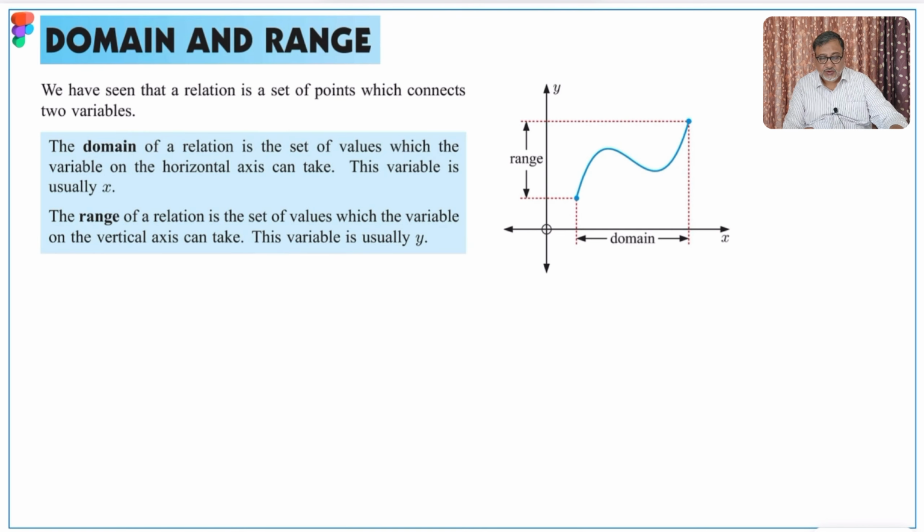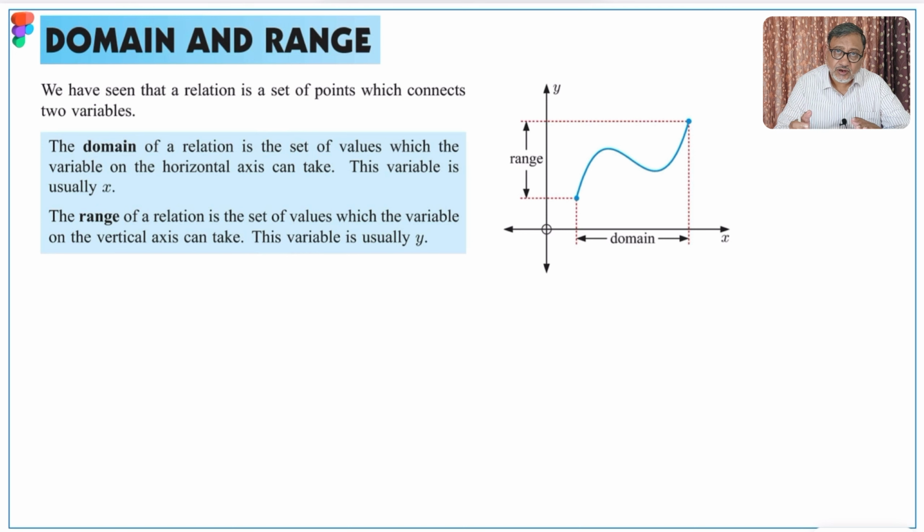Domain and range. Look here, the definition. The set of values of x will be the domain, and the set of values of y will be the range, which lie on the graph or which satisfy the equation of the graph. Those are called domain and range.